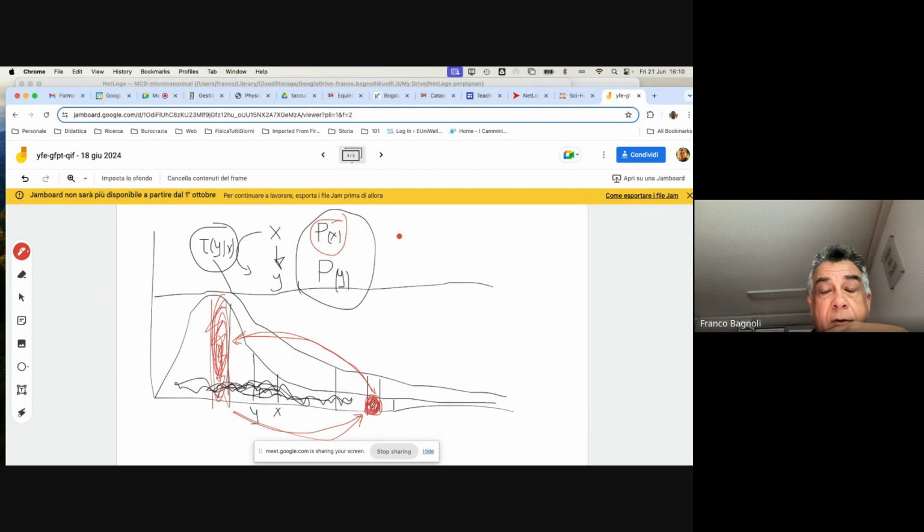This is called the detailed balance, and it says that tau of y given x divided by tau of x given y is exactly equal to p of y divided by p of x.